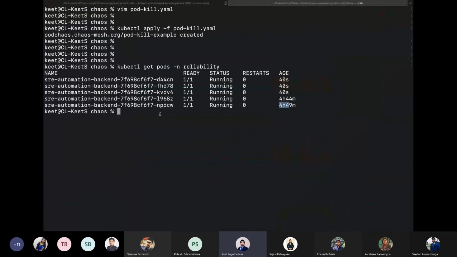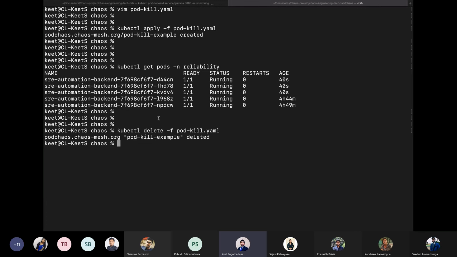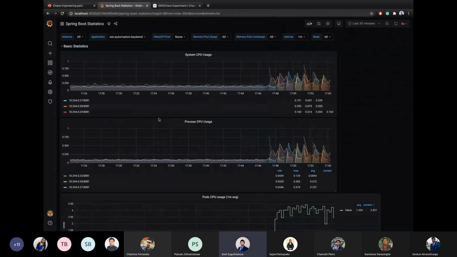Yes, now I will kill this. I will actually stop this chaos because I want to show how the system comes back to the steady state once the chaos is stopped. This will be the last part of the demonstration. It'll take a bit of time to come back to a steady state, so of course, we can show that at the very end of this presentation.